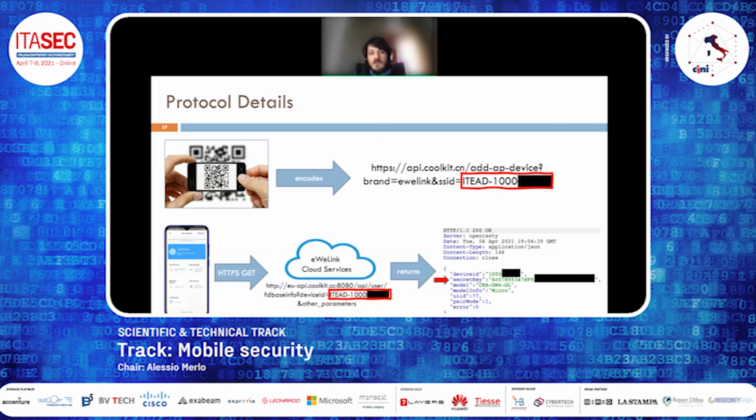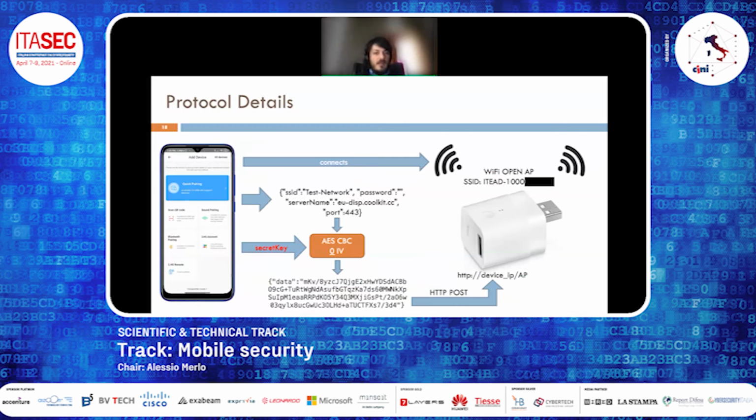This key is used later on, because for the remaining steps, in particular those that are automated by the application, the smartphone automatically connects to the IoT Wi-Fi access point, and it can do this thanks to the device ID that is contained in the QR code.